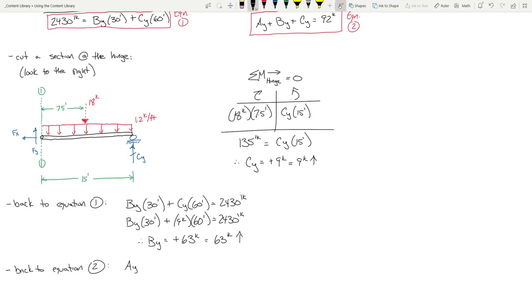So AY plus BY plus CY is 92 kips. So AY plus 63 kips. And if it ended up happening that one of these was negative, I could just plug in a negative number. You know, because the math, again, I had a consistent assumption at the very beginning.